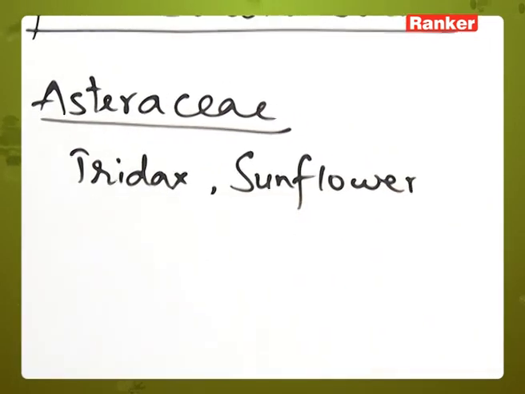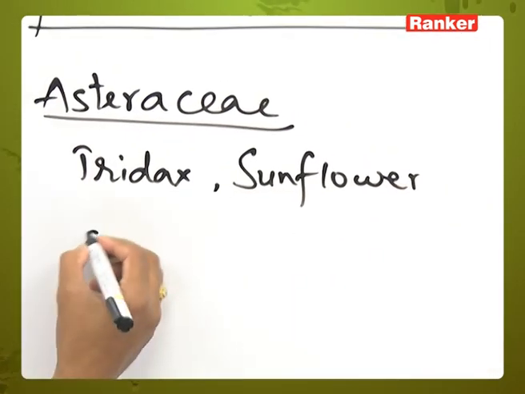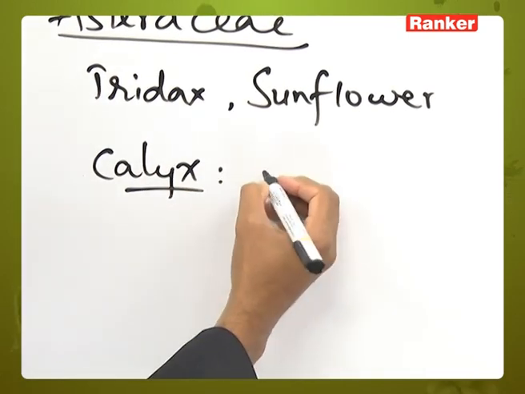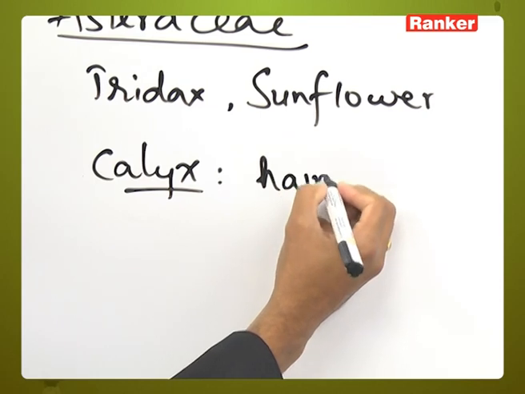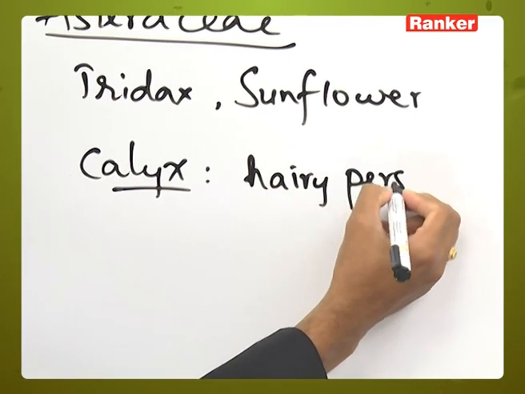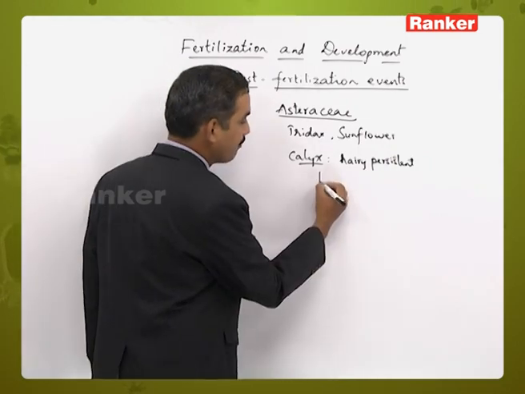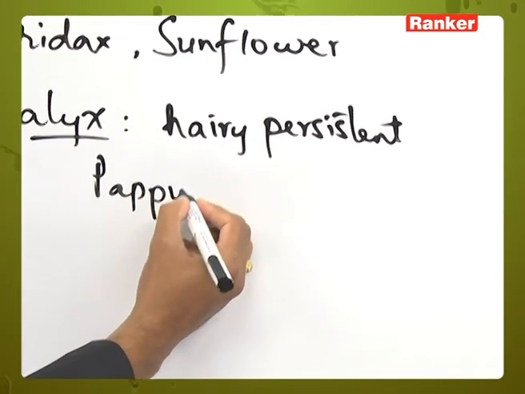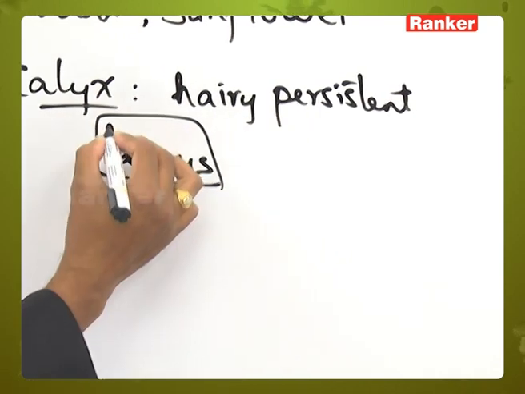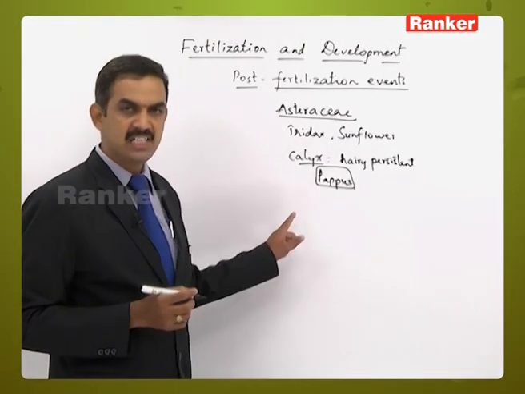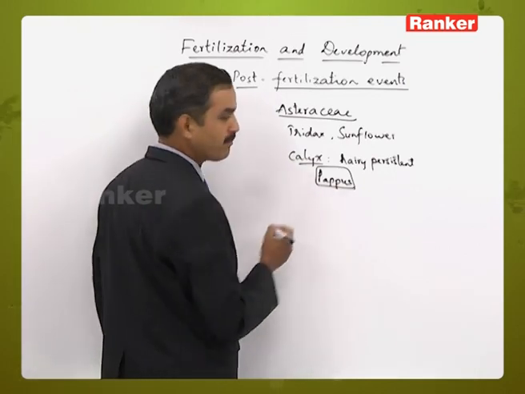In these plants, the calyx is persistent and it is a hairy structure, hairy and persistent. This hairy persistent calyx is called pappus. Pappus is a structure which will help in dispersal of the fruits and seeds by a parachute mechanism.